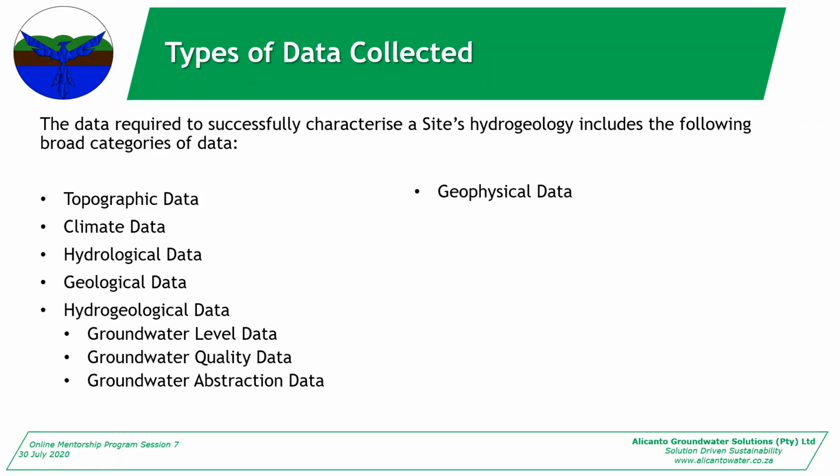Geophysical data, if you have it. Geochemical data, and then site development data. Site development data is your layout plans, your construction plans, your mine expansion plans, all of those kinds of things.